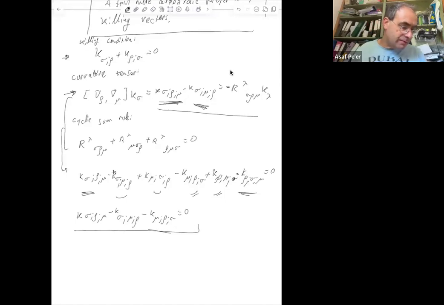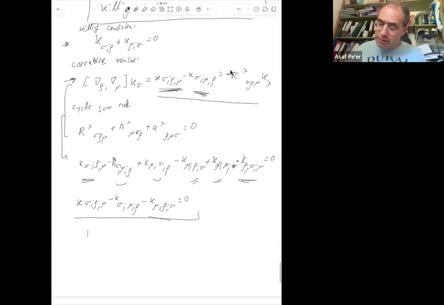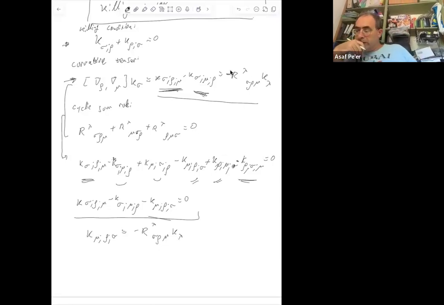So I can write K mu rho sigma equal to minus R lambda sigma rho mu K lambda. Okay, it's algebra. I just have to follow closely all the terms, but I did not use anything we have not seen already.